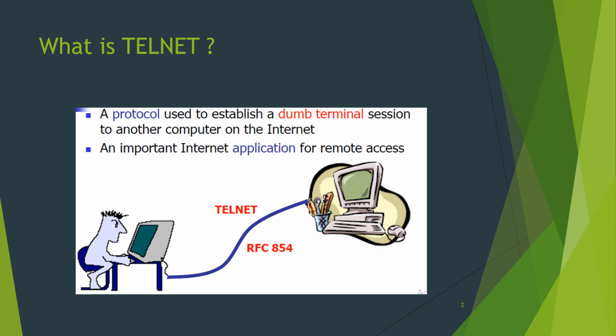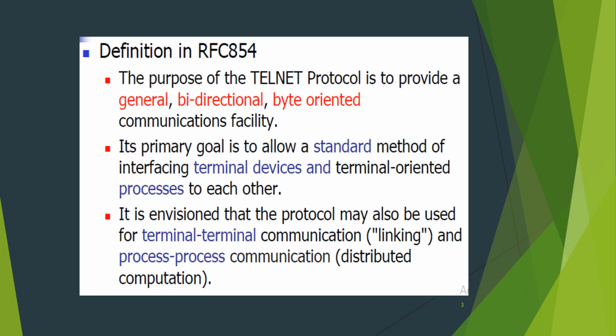It is one of the most important applications for remote access. The standard used is RFC 854. What is RFC 854? The purpose of the telnet protocol is to provide a general bidirectional byte-oriented communication facility. Its primary goal is to allow a standard method of interfacing terminal devices and terminal oriented processes to each other.